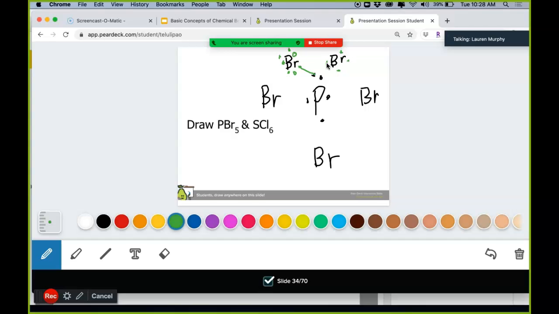Boom, PBr5. Phosphorus now has 10 electrons around it. It has an expanded octet, and it is okay like that.